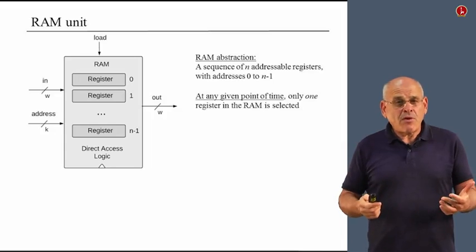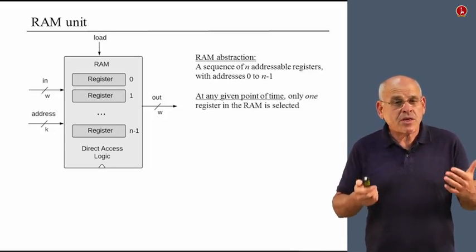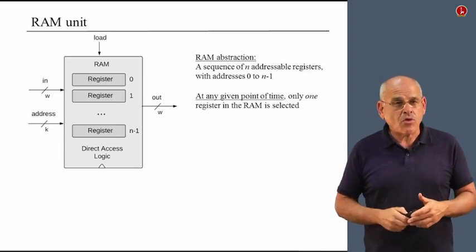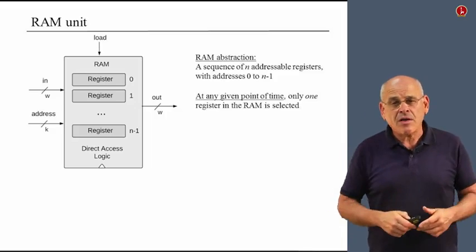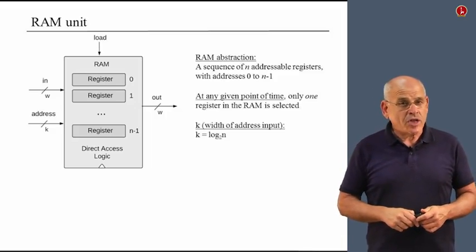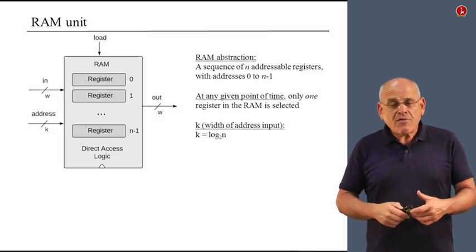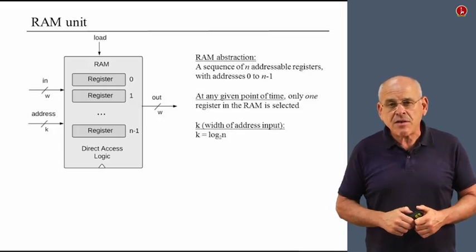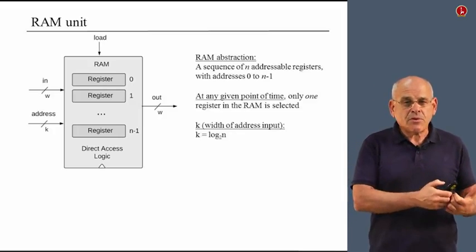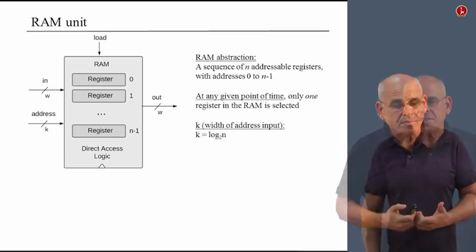So at any given point of time, we have to say which is the register on which we want to operate, which is the register that we want to read, or whose value we want to change. So we have to make a selection. We have to determine the address of this register, and we do it using an input which we call address. So think about it.